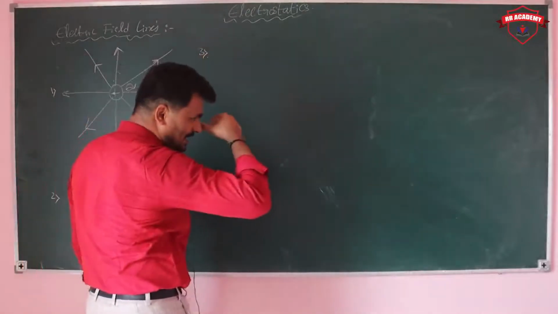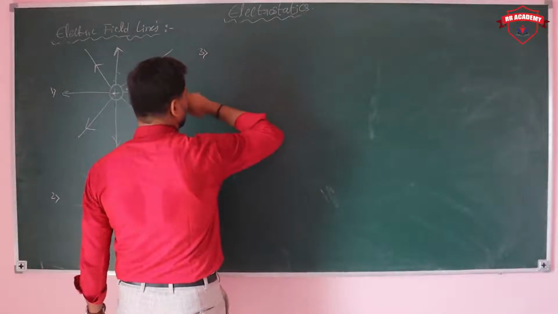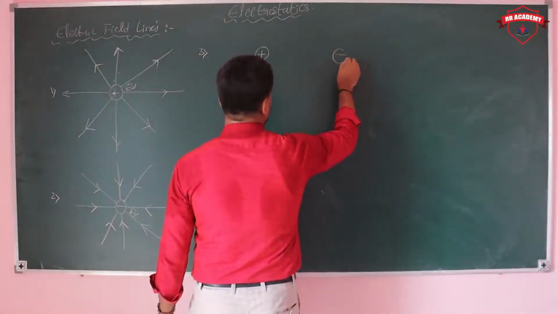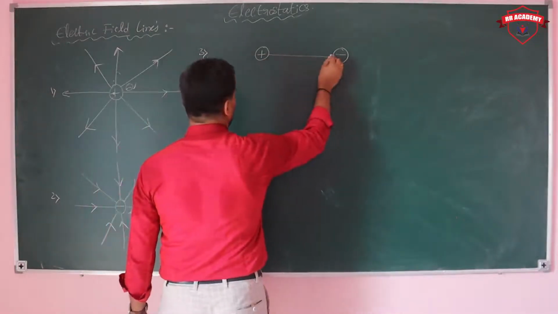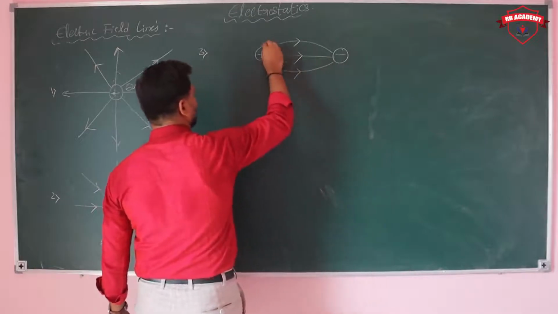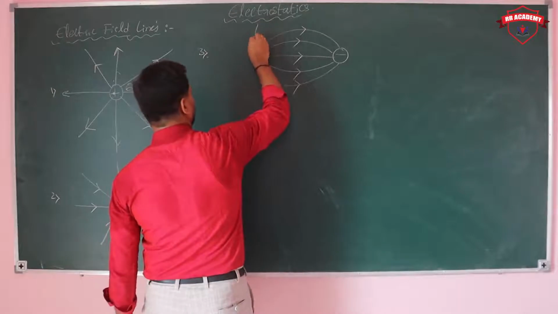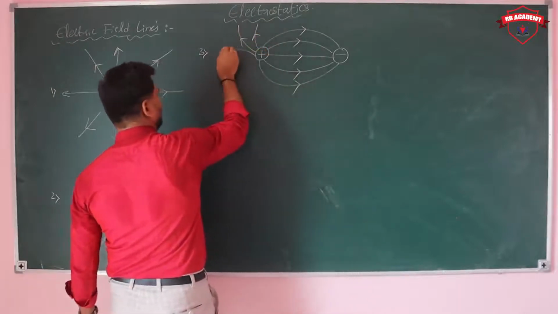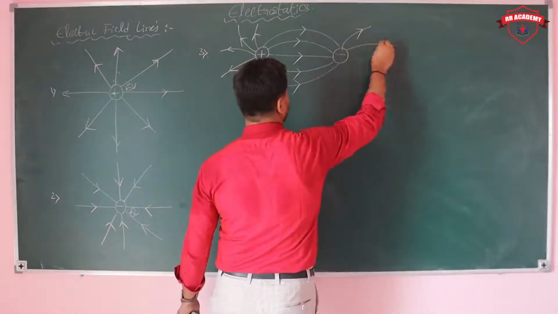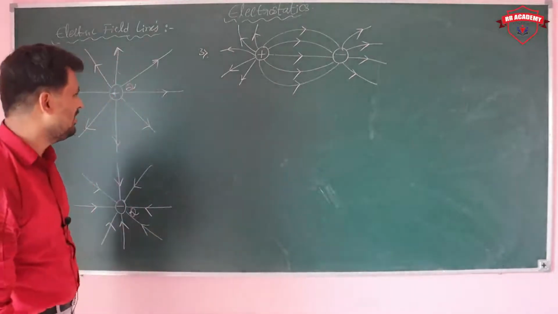The field lines never form closed loops. For example, here I am taking a positive charge, and here a negative charge. The field lines you can take like this, like this, like this. But the field lines never form a closed loop.